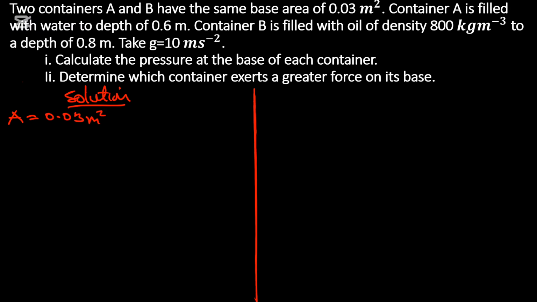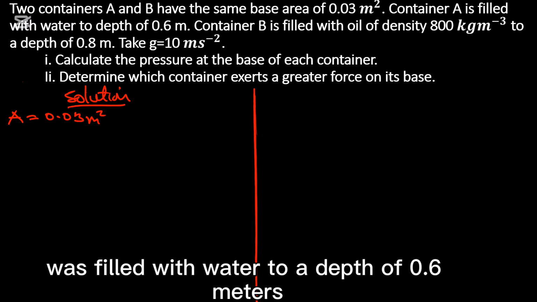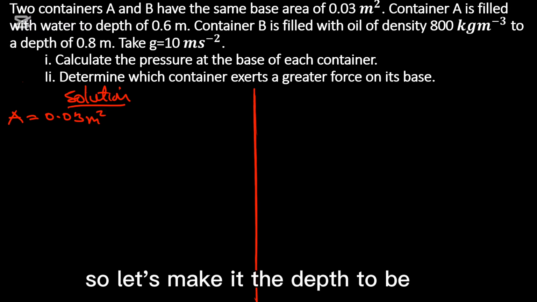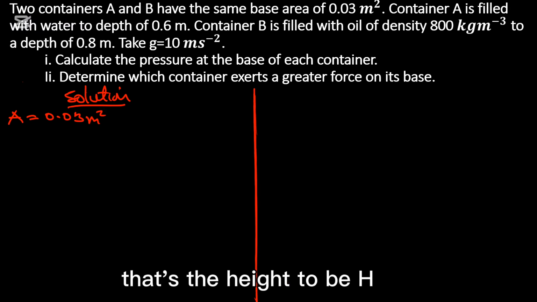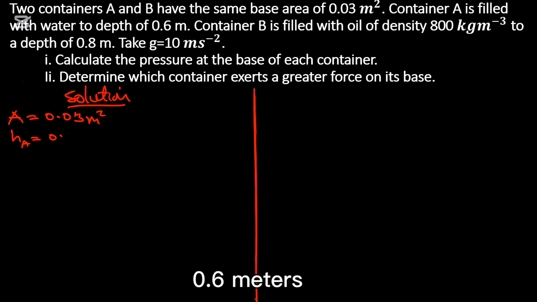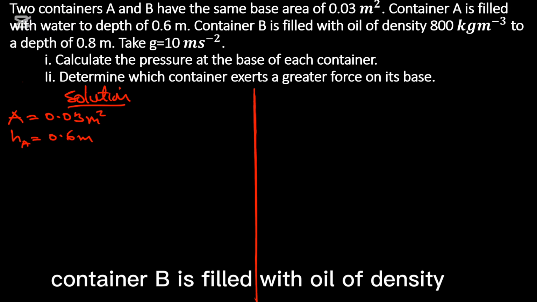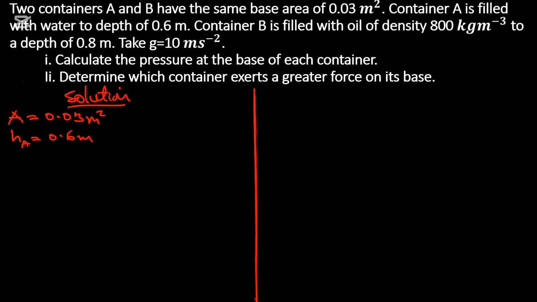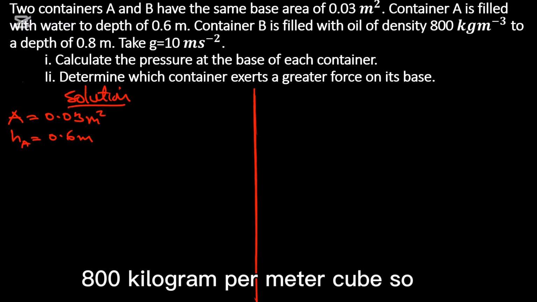Container A was filled with water to a depth of 0.6 meters. So let's make the depth, that's the height, to be HA for the height of container A, 0.6 meters. Container B is filled with oil of density 800 kg per meter cube.